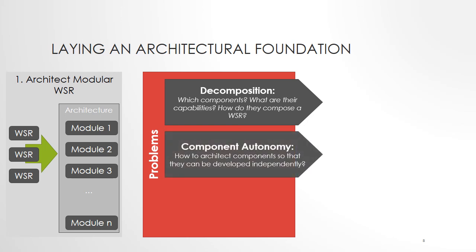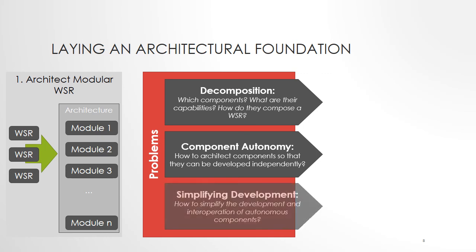The second problem is ensuring the autonomy of these components. In other words, we need to design these components with explicit boundaries so that they can be developed independently. The third problem is ensuring the simplicity of developing these autonomous components.